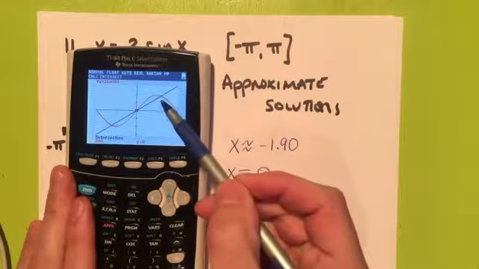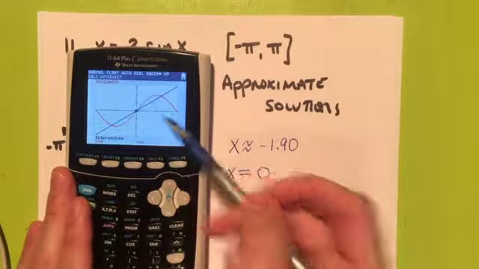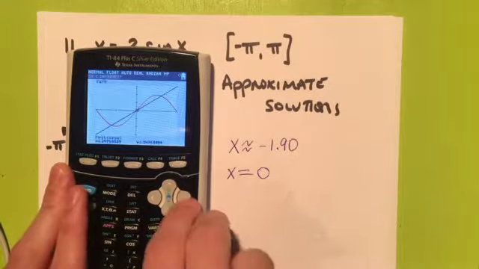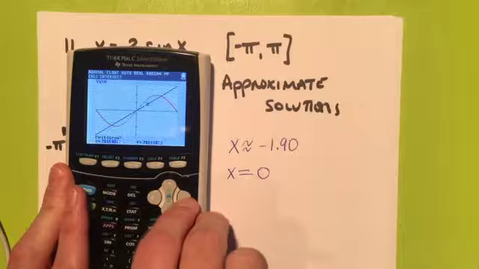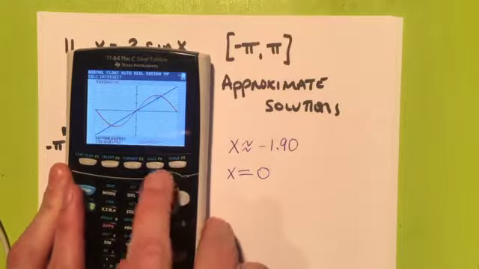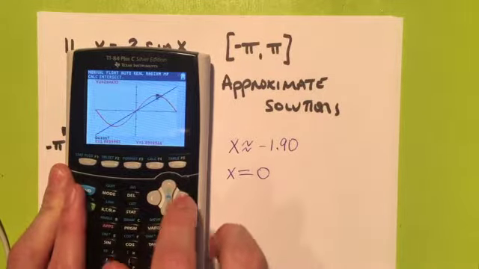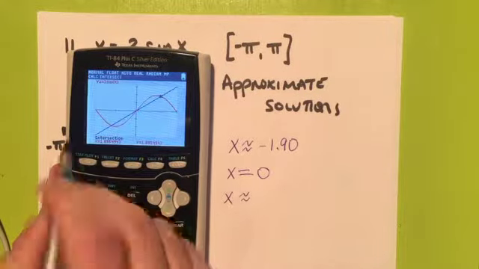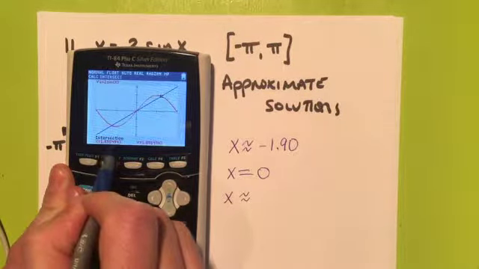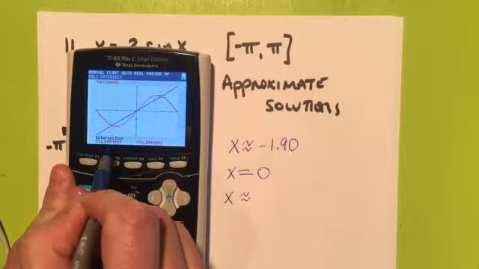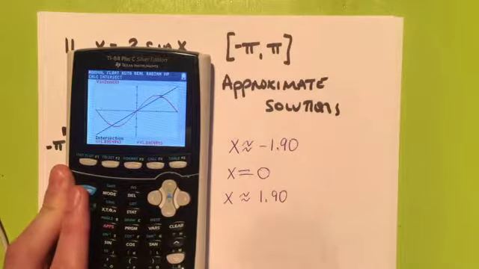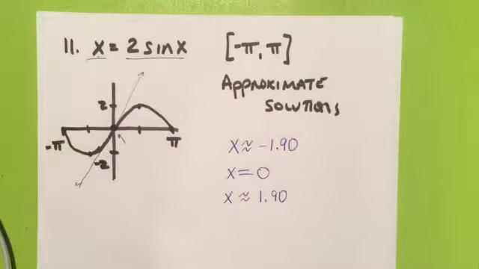And I'll do the last one as well. Hopefully we can guess that it's probably the same as this, but positive. But let's just make certain. And we have x is approximately equal to 1.895. I'm going to round to 2 decimal places, 1.90. And there we have it, approximate solutions.